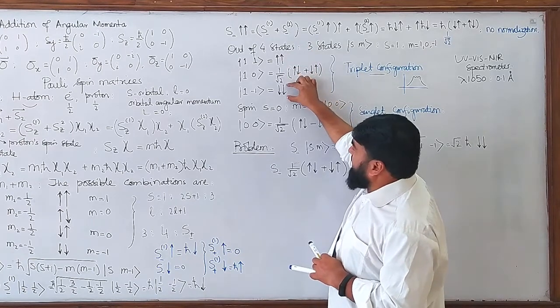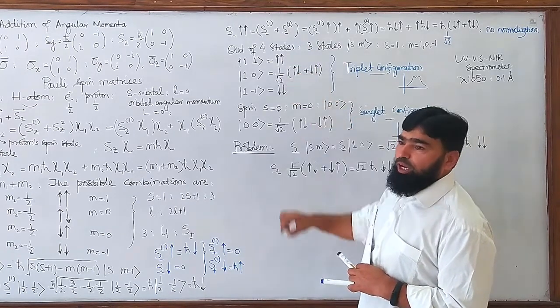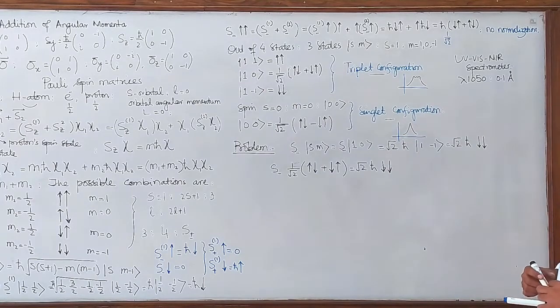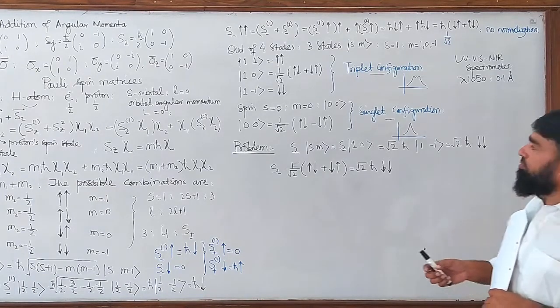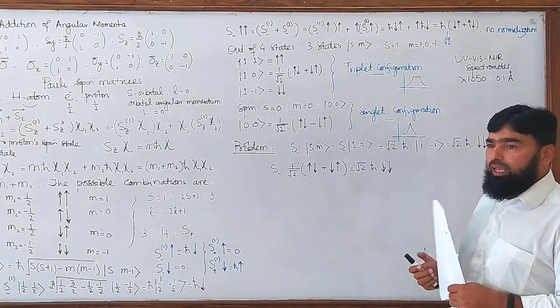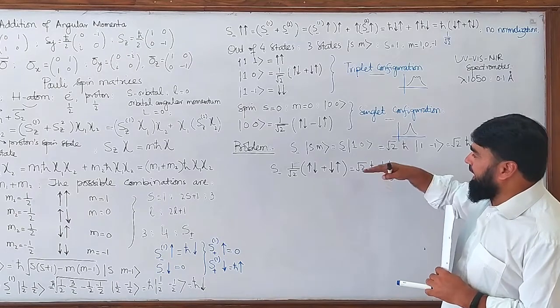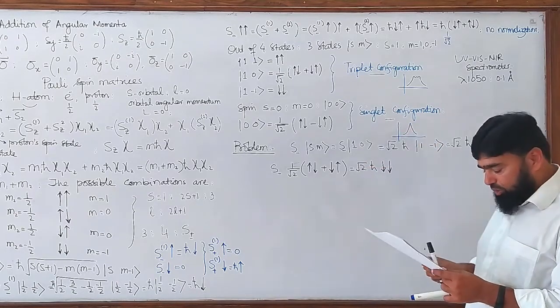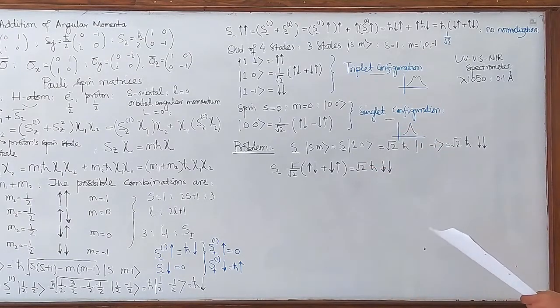You apply S minus on this, you will get 0. You do this when you go home, you apply these conditions, and you will have the confidence that yes, these are the possible states, and the raising and lowering operators are actually working there.